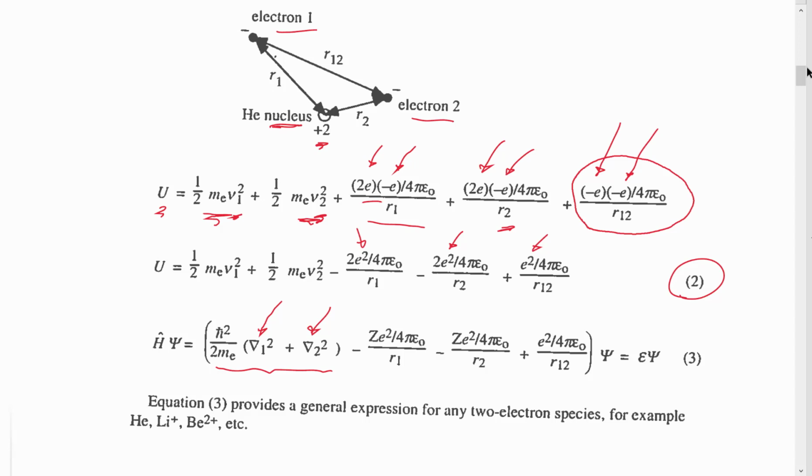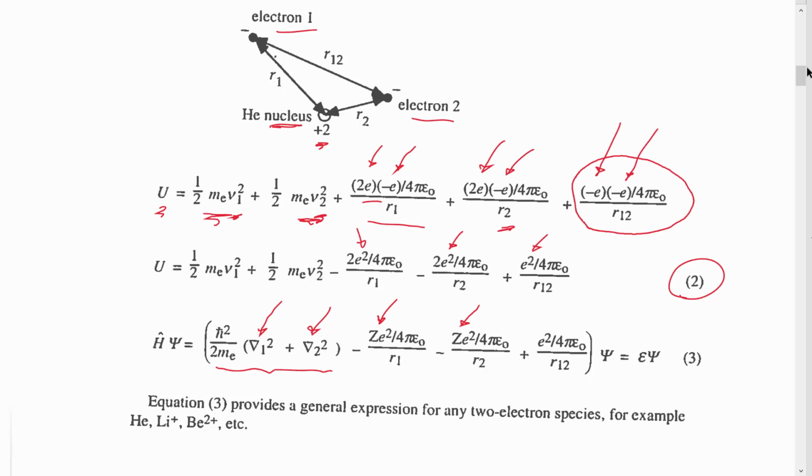Secondly, we've now got a Z term in the third and fourth terms. This ends up being the charge on the nucleus, the atomic number of the atom. This will help us later when we need to go to atoms that have more protons in the nucleus.